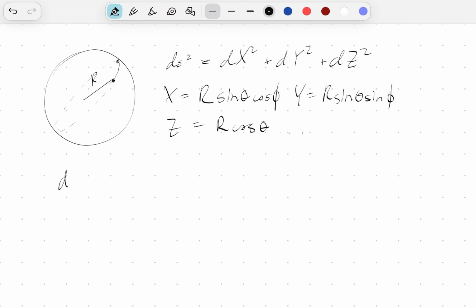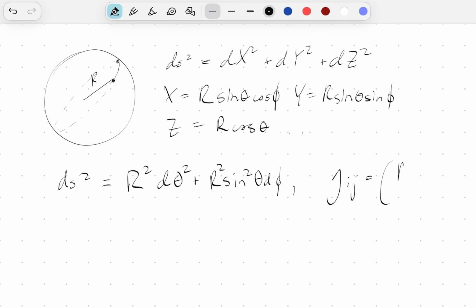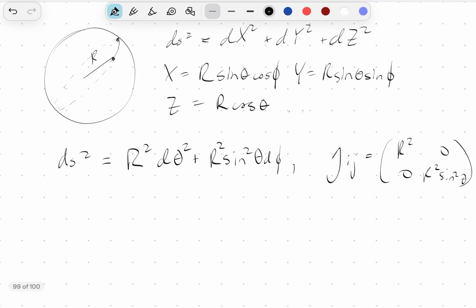The induced metric on the sphere is going to be r squared d theta squared plus r squared sine squared theta d phi squared. And your Riemannian metric as a matrix will look like this.